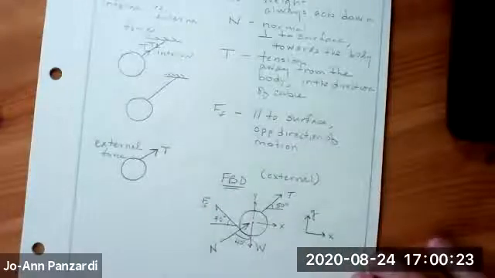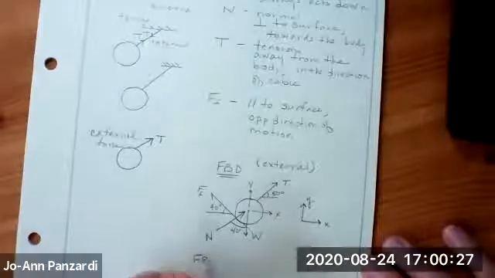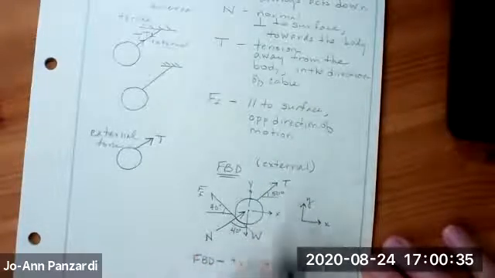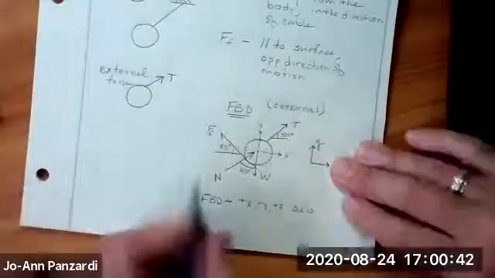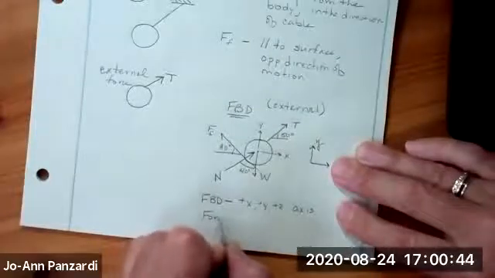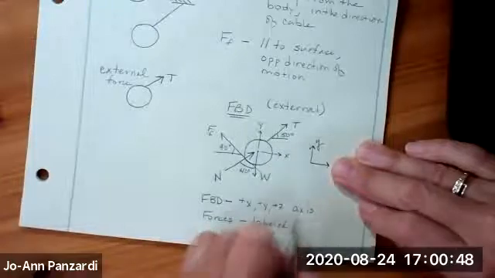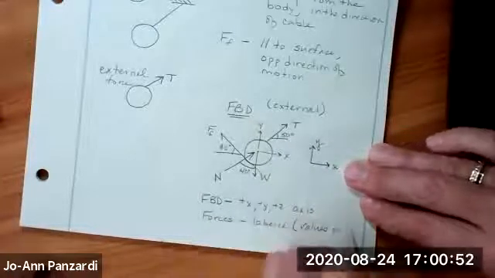Okay? So what does a free body diagram need? A free body diagram has to have a positive X, positive Y, and positive Z if it's 3D axes. We could draw it on the body or off the body. The other thing it needs is the forces labeled, and they could either be labeled with their values or with a variable.